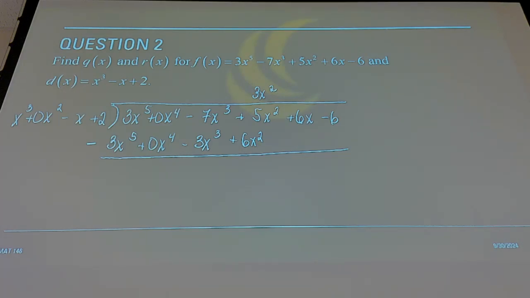3x to the fifth minus 3x to the fifth is 0. 0x to the fourth minus 0x to the fourth is still 0x to the fourth.